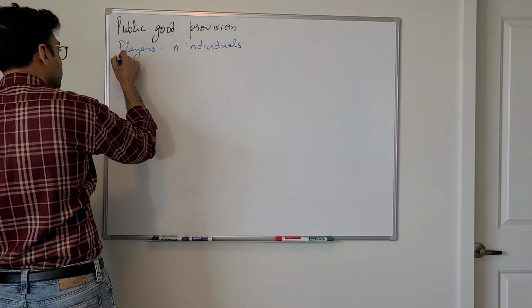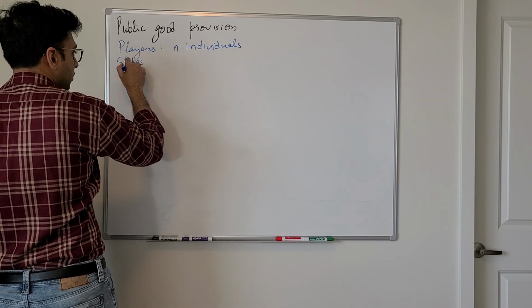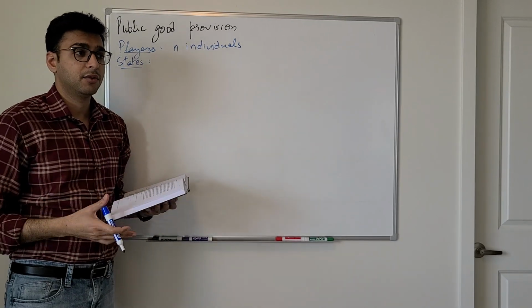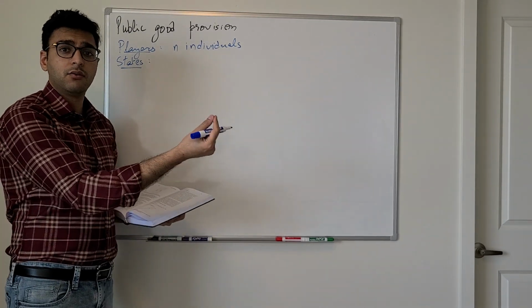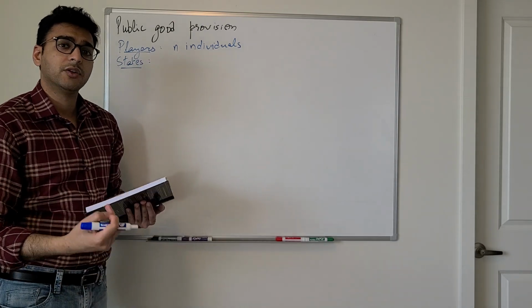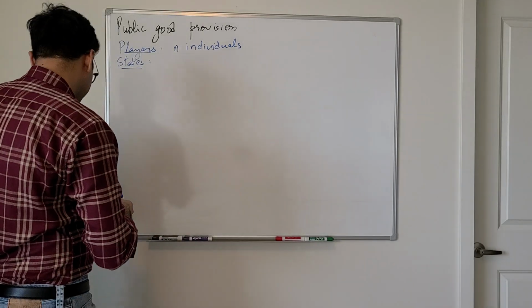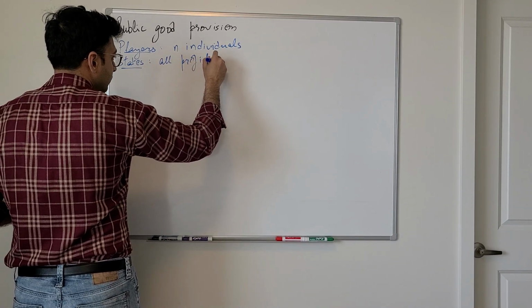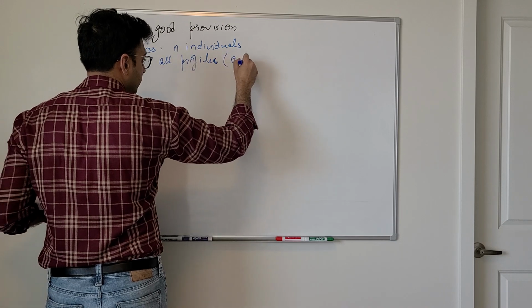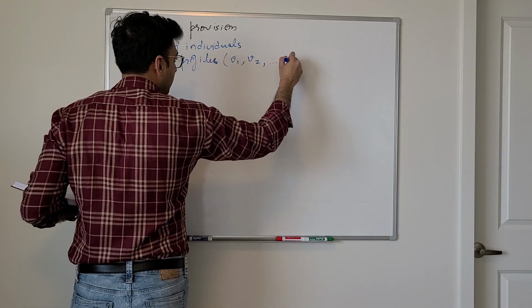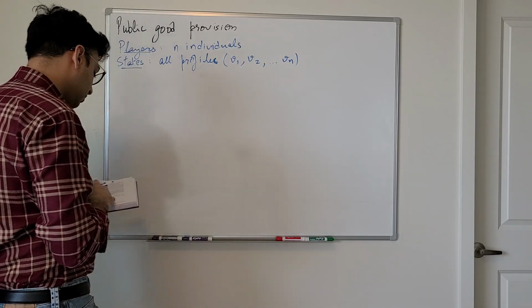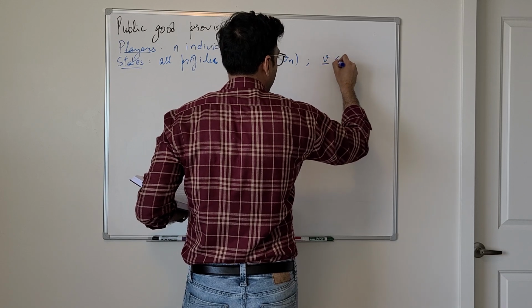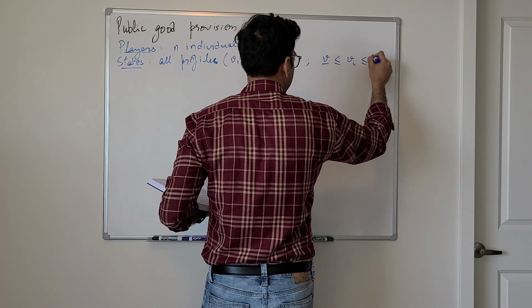The states. So each profile of valuations, so if there are 5 people, then the combination of each of their valuations is a particular state. So the set of states is the set of all profiles V1 through to Vn, where for each Vi we have the condition that V lower bar is less than Vi is less than or equal to V upper bar.